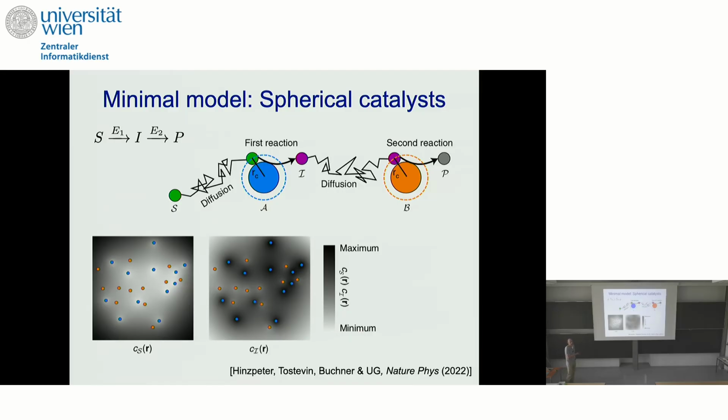It doesn't interact with the primary substrate. But then the intermediate that is generated by these blue enzymes, the intermediate concentration is highest in the vicinity of these blue enzymes in the steady state, and there's a gradient to the absorbing boundary condition on the orange enzyme that takes those intermediates in.